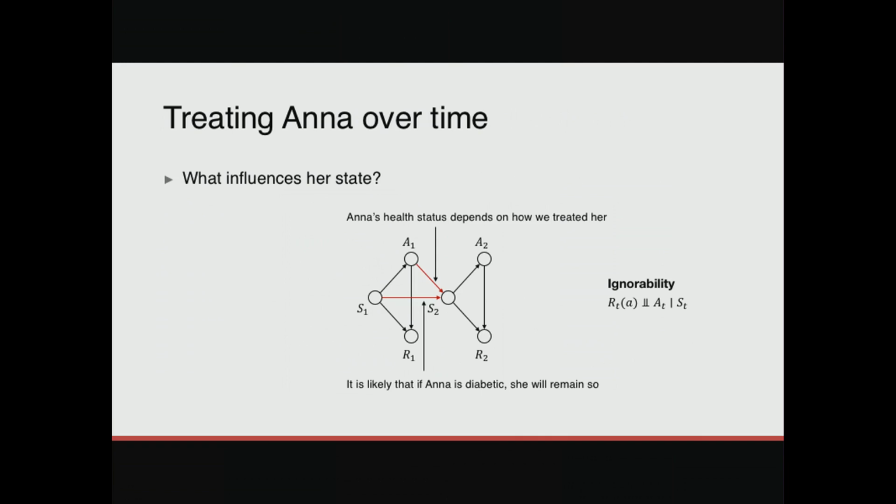But now I'm trying to argue about the sequential ignorability assumption. How can we break that? How can we break ignorability when it comes to the sequential setting? Well, if you have an action here, the outcome at a later point depends on an earlier choice. That might certainly be the case, because we could have a delayed effect of something.